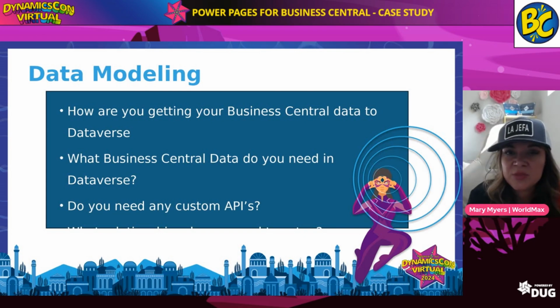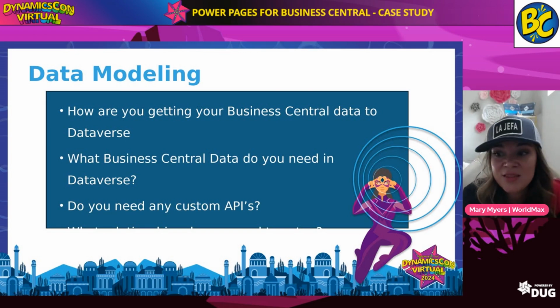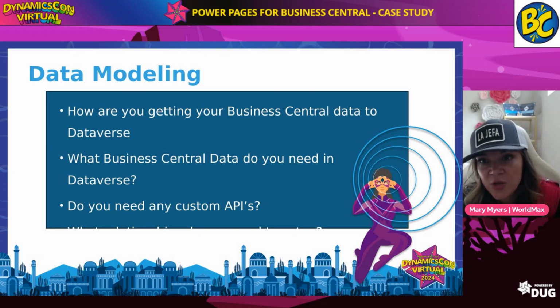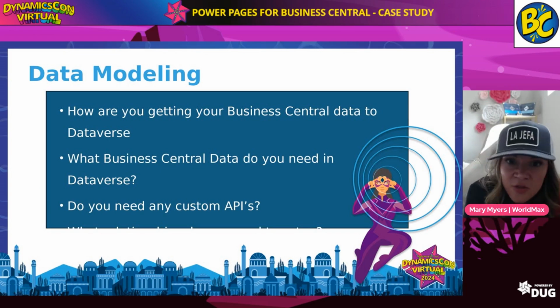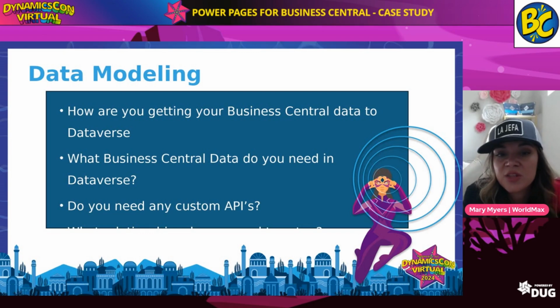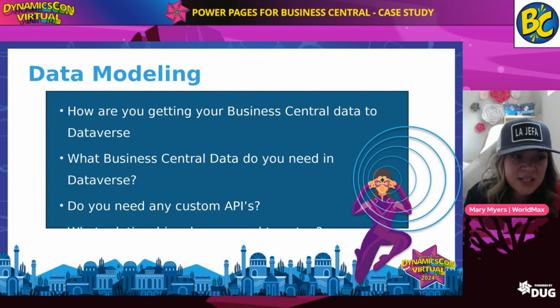Just because we have some data in Business Central, it doesn't mean that that's readily available. So if it's not part of your standard V2 APIs, you're going to need a custom API, right? Or are you going to create a web service, and maybe create a data flow that's going to take that right to Dataverse?